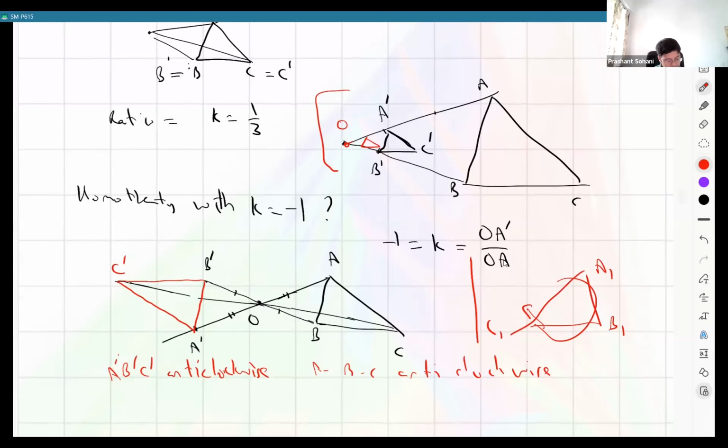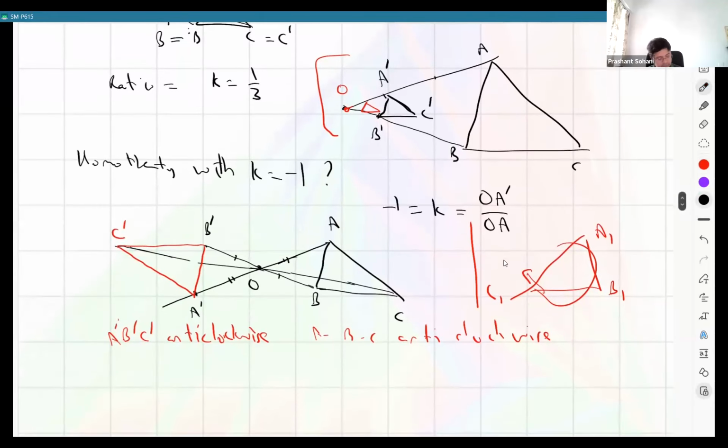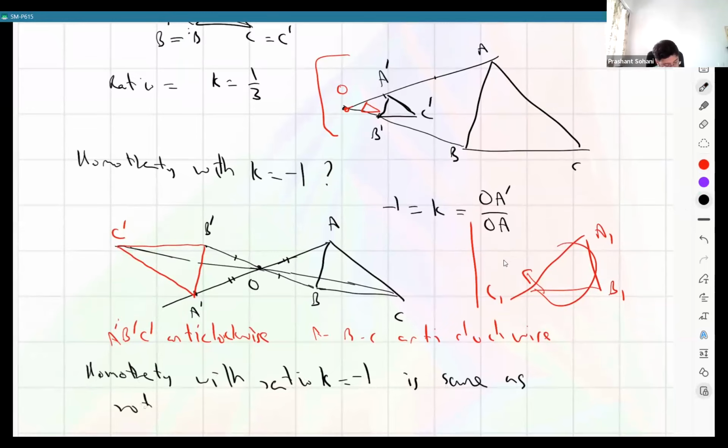So in fact, if you think about it, can you convince yourself that homothety with ratio -1 is the same as rotation with 180-degree angle? If I take O as my center of rotation, we know how to do rotation.